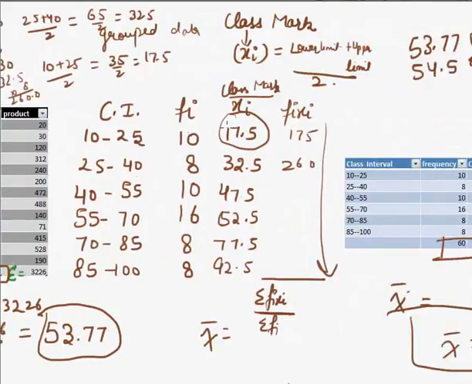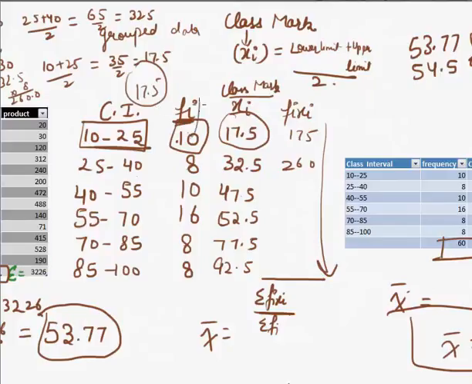Here we have made the assumption that this frequency is centered at this class interval, that is, this frequency 10 is of 17.5, or in simpler words, 17.5 marks is obtained by 10 students.